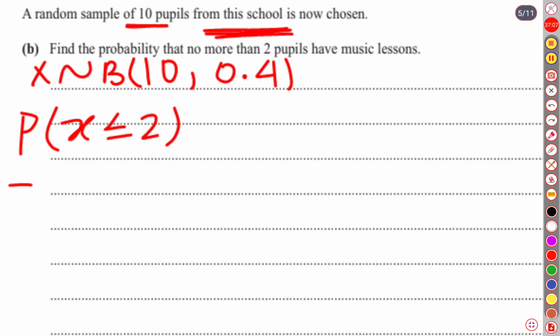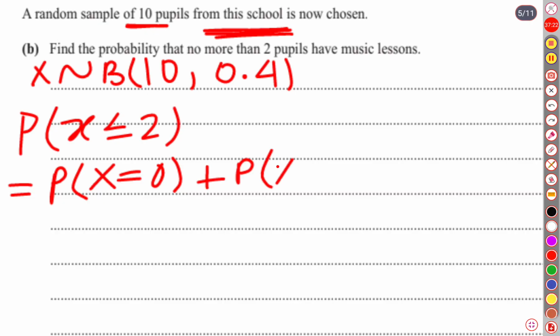So we'll have to find the probability when X equals 0, meaning no one has a music lesson, then when only one person has a music lesson, or when there are only two people.